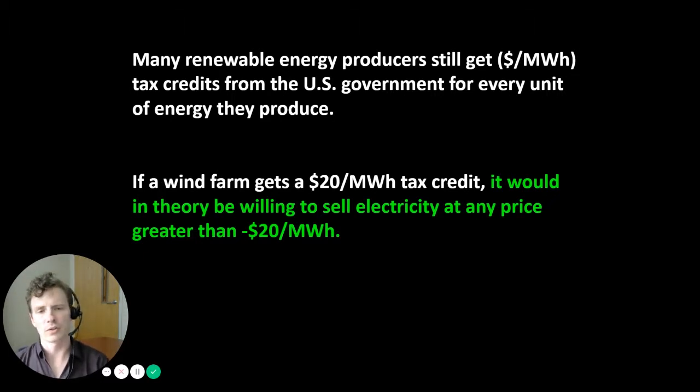So if you are in a situation where the whole market is flooded by renewable energy, who is competing against who? It's actually renewable energy producers competing against other renewable energy producers. And the only way to do that, since everybody's marginal cost is zero, is actually to sell at a negative price. So the renewable energy providers that have big tax credits are able to sell at a lower price while still making a profit.